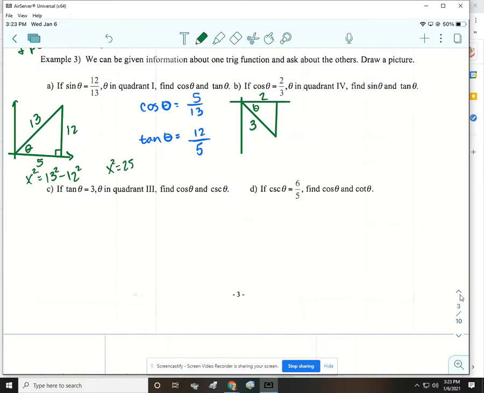Again, we know the hypotenuse, so we're going to subtract on the Pythagorean theorem. Since this is a vertical leg, I'm going to call it y. So y squared should be equal to the hypotenuse squared minus the leg we're looking for squared. So that's going to be 9 minus 4 or 5. So y squared is 5, so y is the square root of 5.